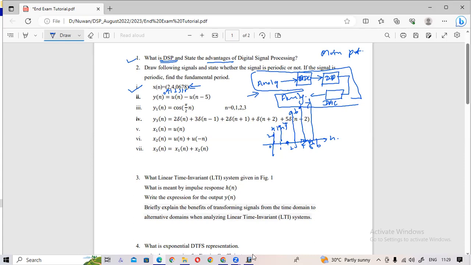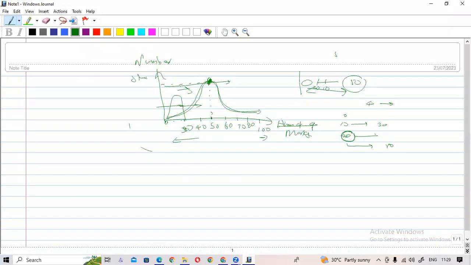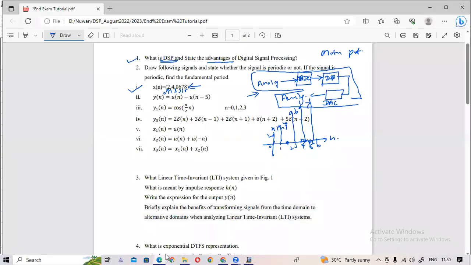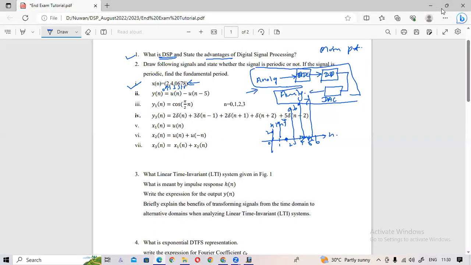If I draw the signal, it will be like this. This is the first signal, x[n], and you have the zeroth sample, first sample, second sample, third sample, fourth sample, fifth sample, and this is n. The values are 2, 4, 0, 6, 7, 8.